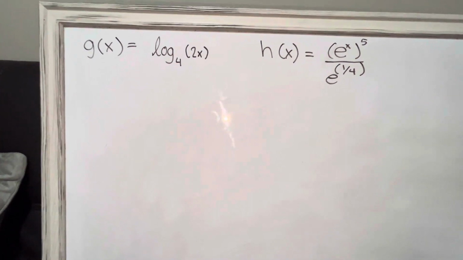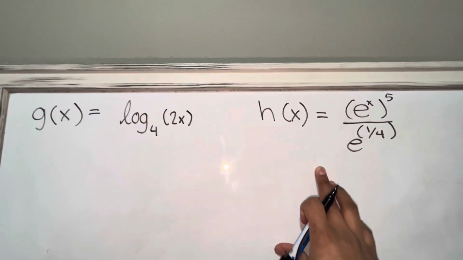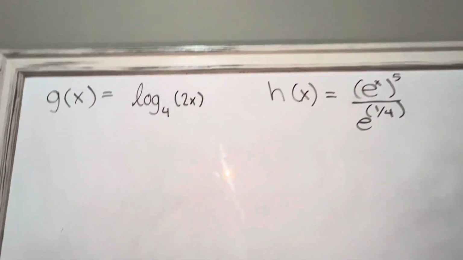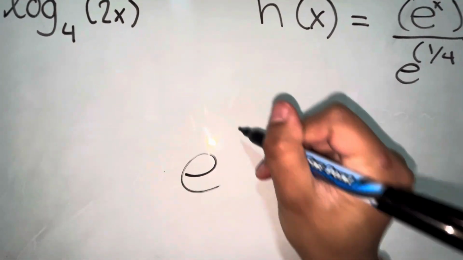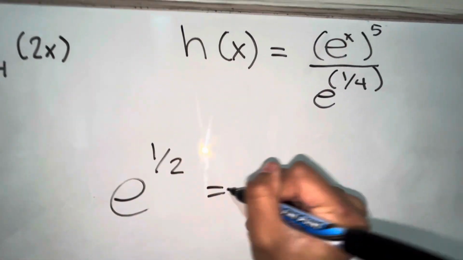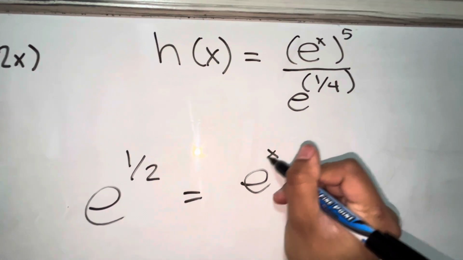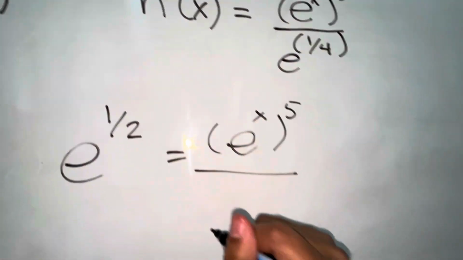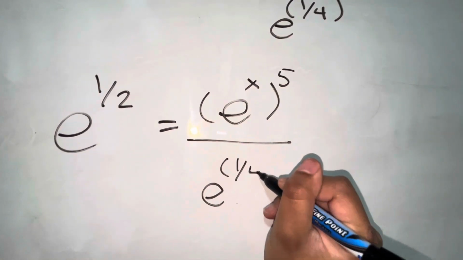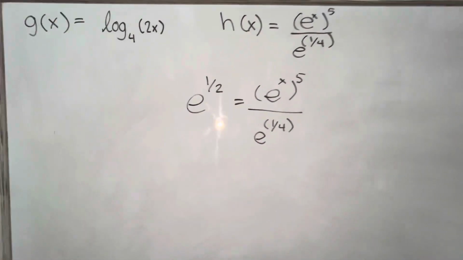So the first thing that we're going to do is equate h of x to e to the power of half. So it would be e to the power of half equals e to the x to the power of 5 over e to the power of 1/4. Okay, there you have it.